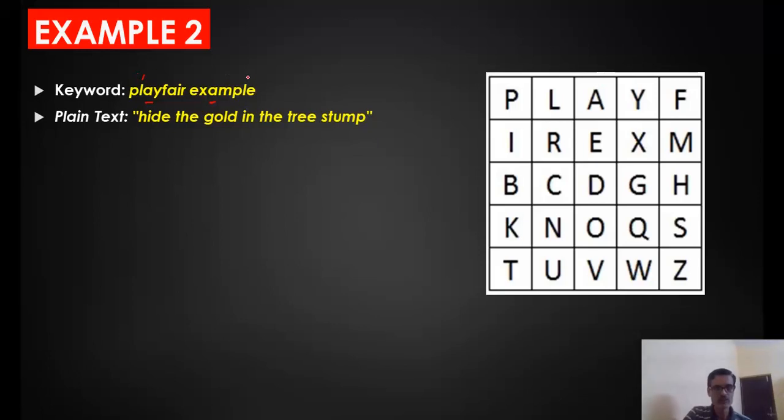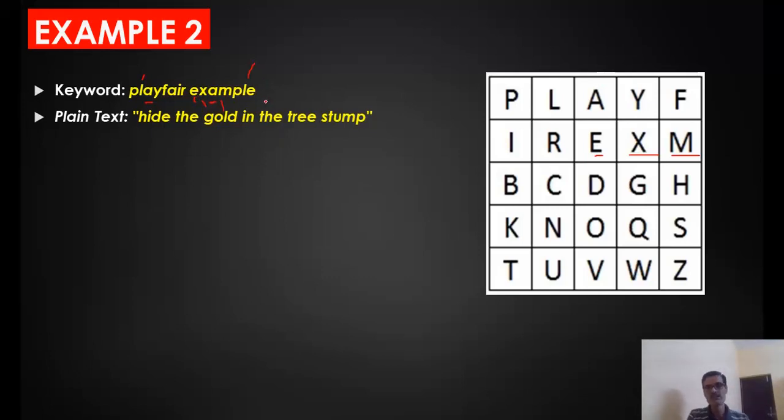So only one time you have to enter it. So you start with Playfair: P, L, A, Y, F is done. A is already entered over there, so I go with I, then R. In the word example, only E, X, and M are considered.